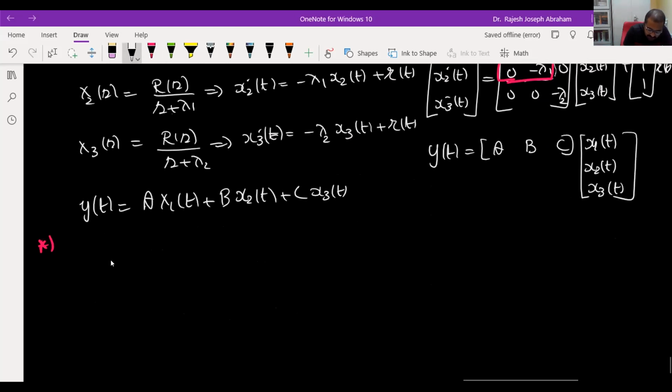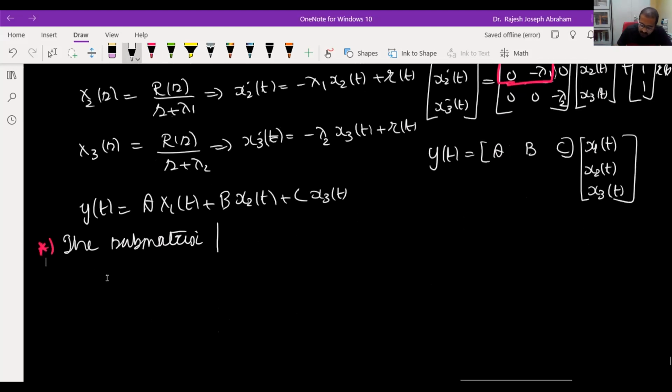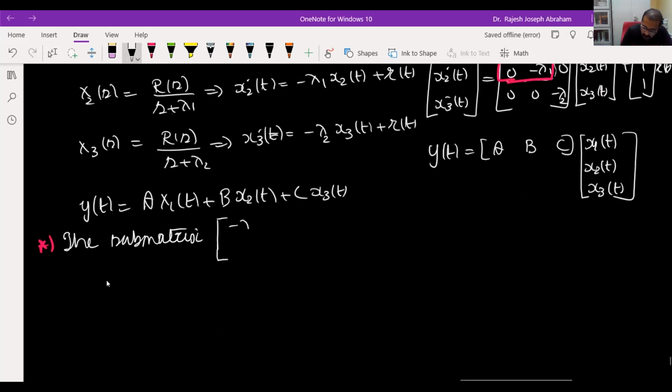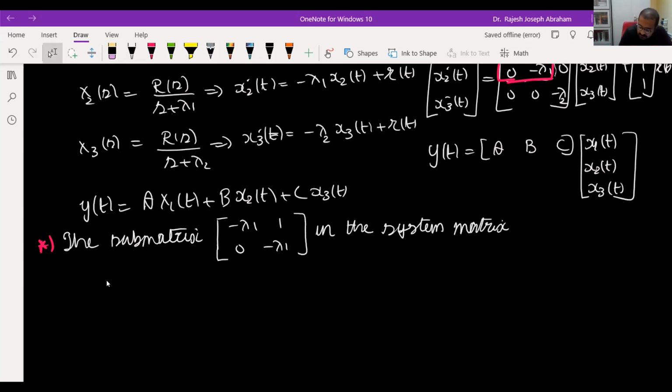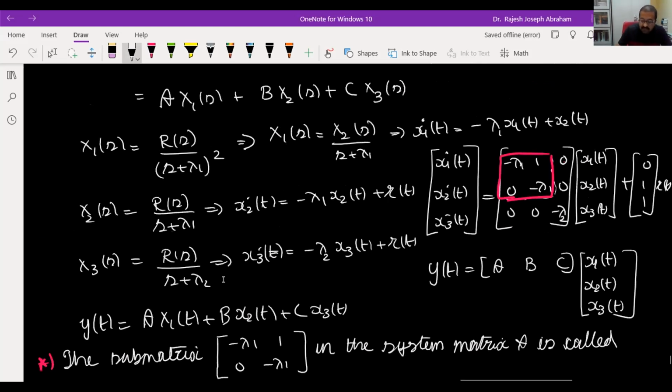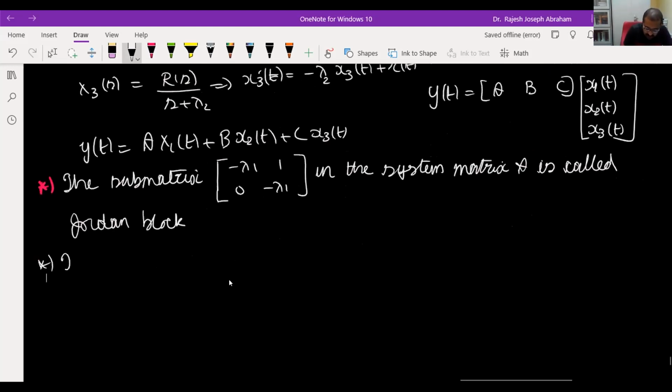The submatrix, what is the submatrix? Minus lambda 1, 1, 0, minus lambda 1 in the system matrix A is called Jordan block. Then the diagonal elements of the system matrix are eigenvalues.